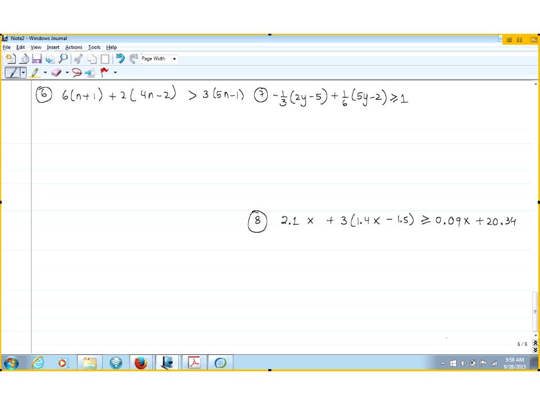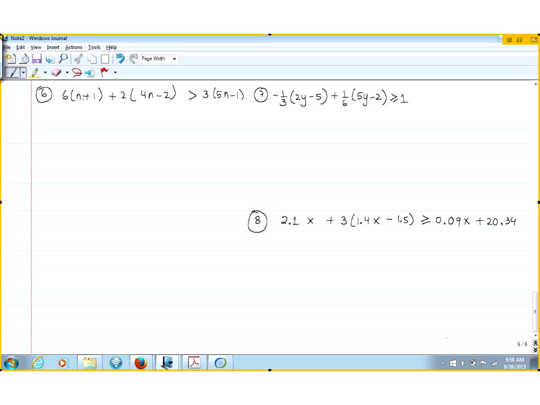Why is it less than? You're supposed to switch the sign, right? Did you guys forget to switch the sign? How about number 7? Is it done? No? Okay. How about number 8? No? Should we just do it?